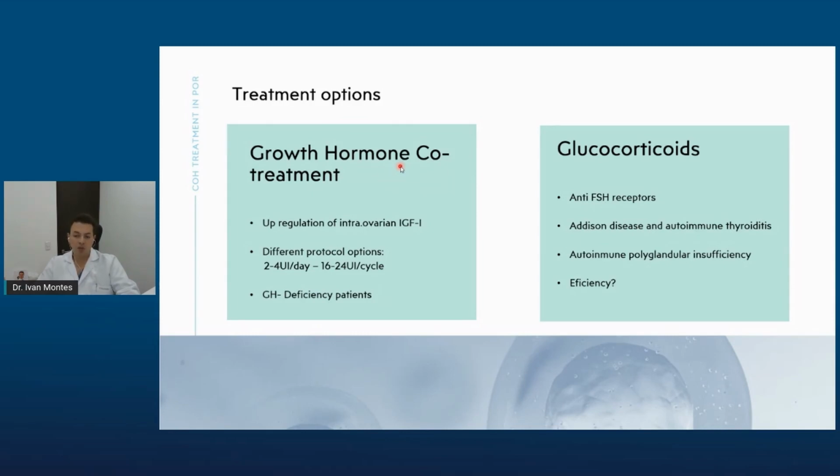So actually, we don't recommend the use of glucocorticoids in all patients, but sometimes in patients who have already had a treatment before and the response wasn't good, and who might have one of those related diseases like autoimmune thyroiditis or Addison disease, you can use glucocorticoids. In other types of patients, we don't recommend it.